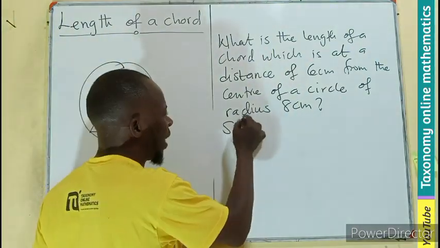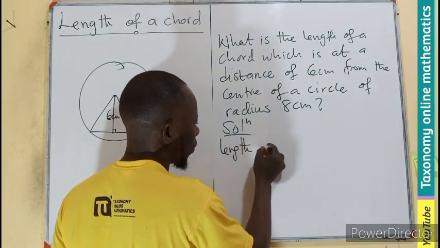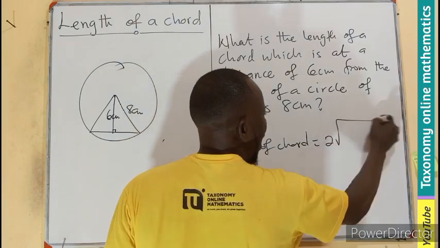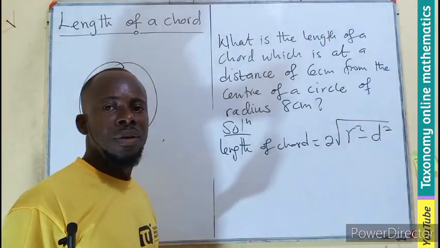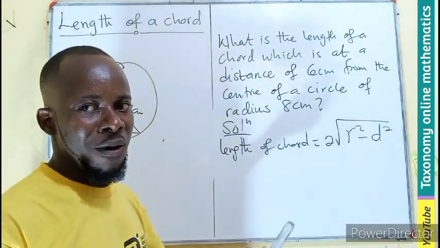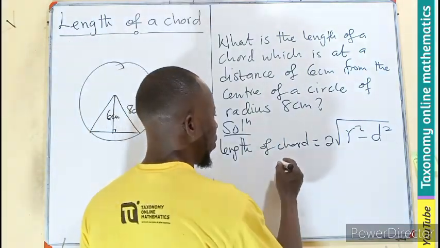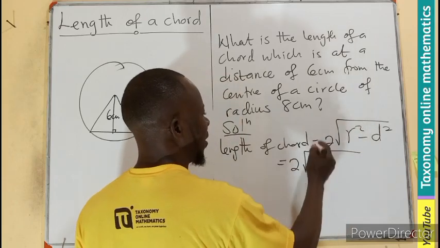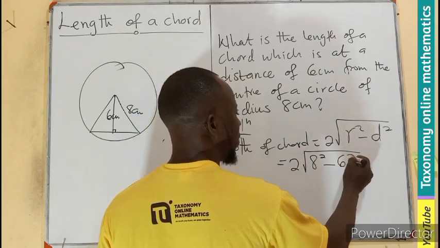Or we only say that the length of chord equals 2 times the root of r squared minus d squared. I believe you can remember the formula, how we arrive at that. So with this, we only do our substitution of r, which in this case will be 8 squared, d, which in this case will be 6 squared.